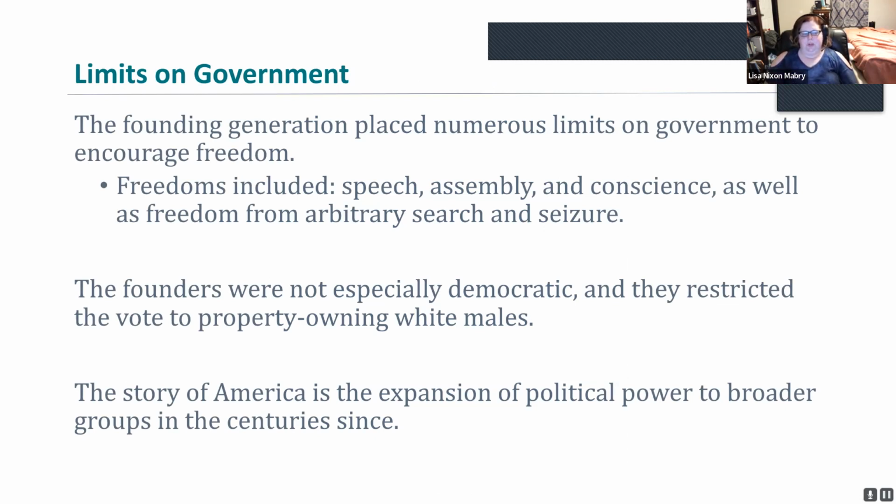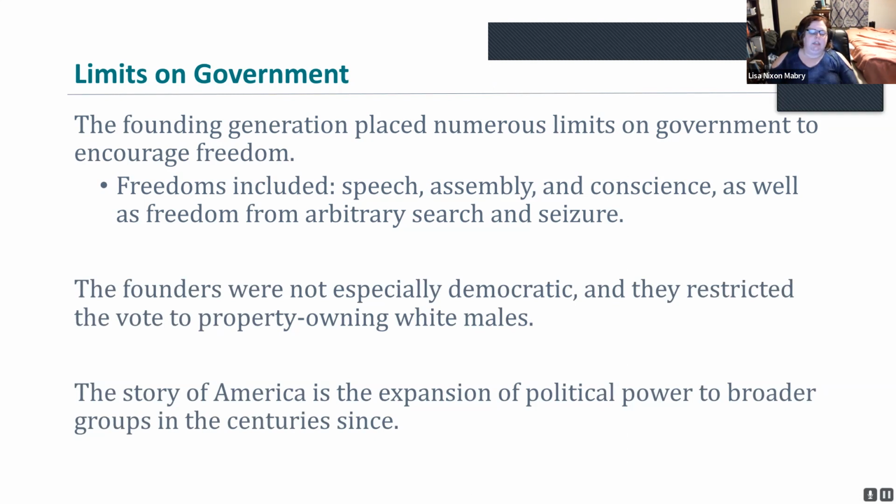So a couple of different things were really important as they were forming our government. They wanted to make sure that the government was limited. They didn't want it to be so large that it was unstoppable, which some people argue that we have that problem now. Some people don't feel that way. We'll talk about that as we move on too.